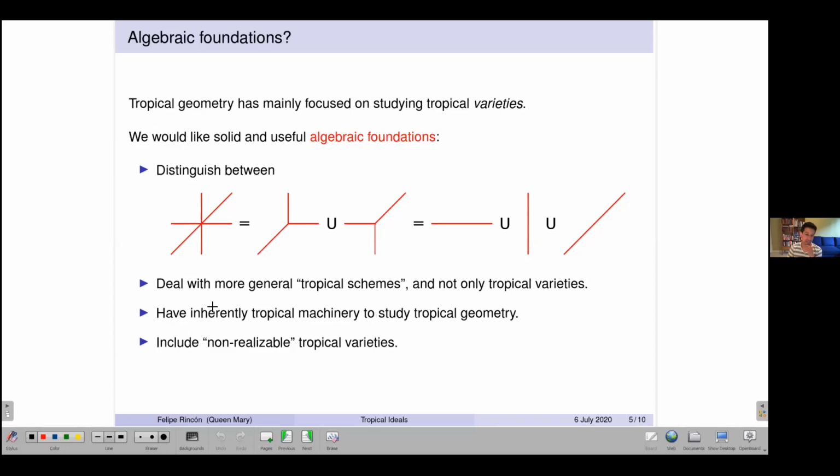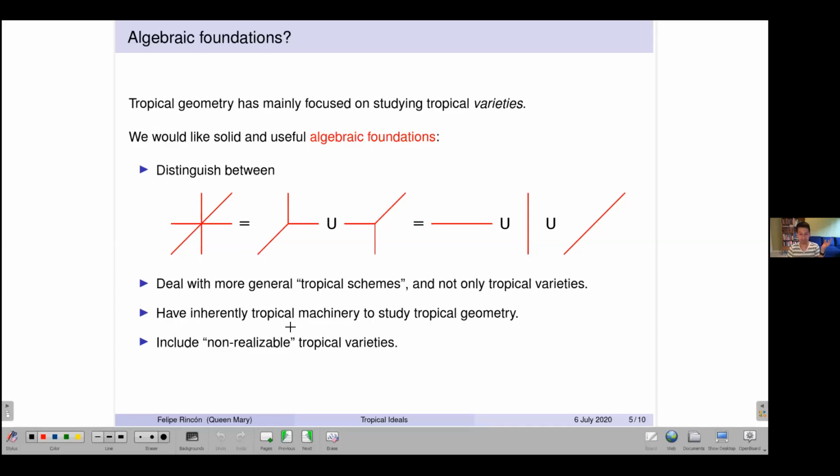We would also like to have tropical machinery, purely tropical machinery, to study tropical geometry. So far, the way we've defined tropical varieties is by tropicalizing classical varieties: we always start with a classical variety, tropicalize it, and that's how we get a tropical object. But we always start with some classical variety or some classical ideal.